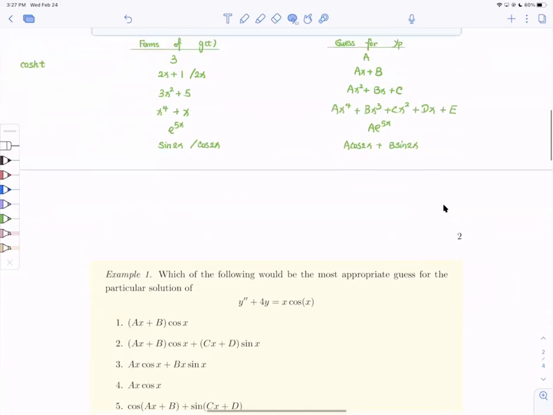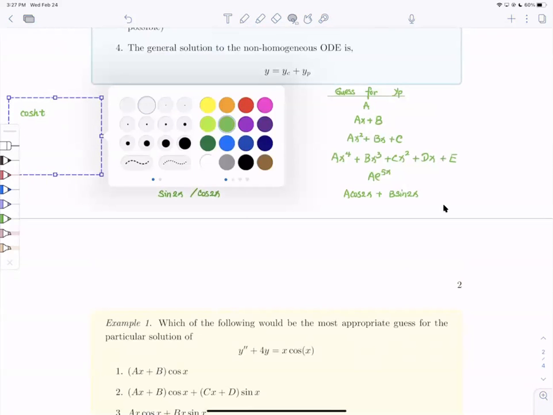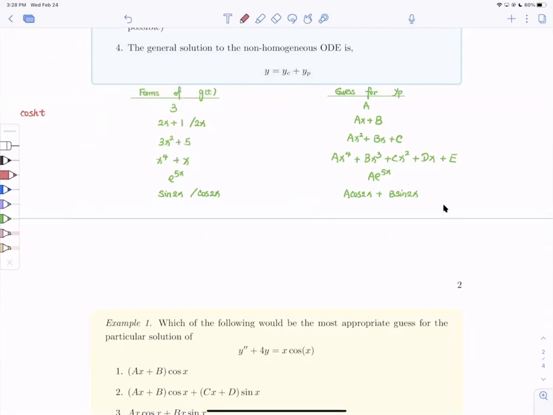Okay, so let me use another color since you've never seen it before, and they can test you on this. It is possible because you're supposed to know this. This equals e to the x plus e to the negative x over 2. So this is actually exponential. What about the other one? Anyone remember?